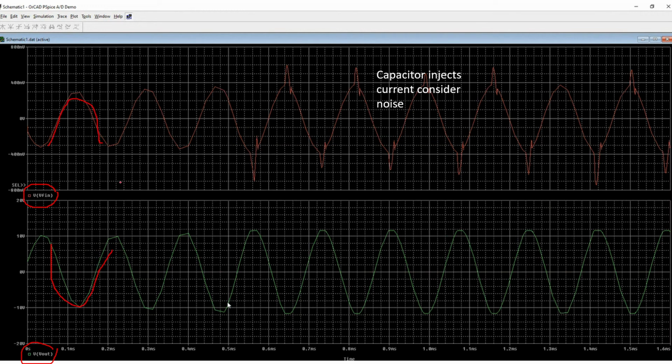And then the value of the input, this is from the V in. We marked at X just now, and then this is the output after the amplifier. If you see this one, there is a spike here, so it might be because of the current. The capacitor injects a current. We consider this noise and that's fine. Just ignore this one.